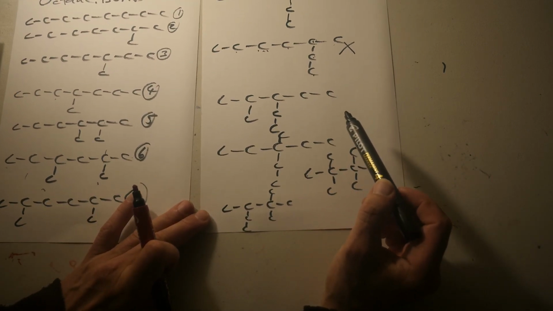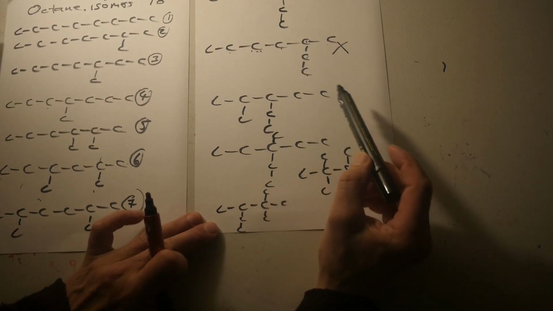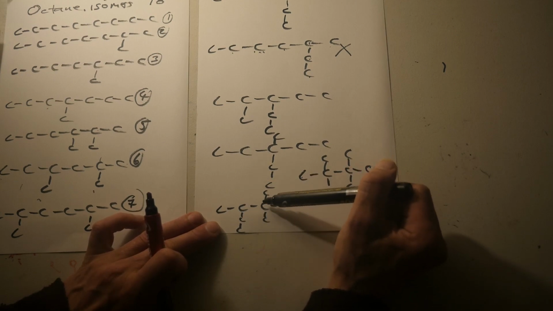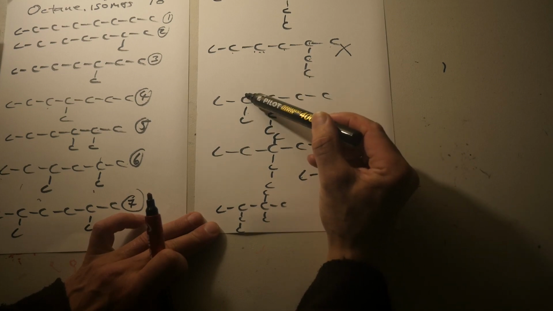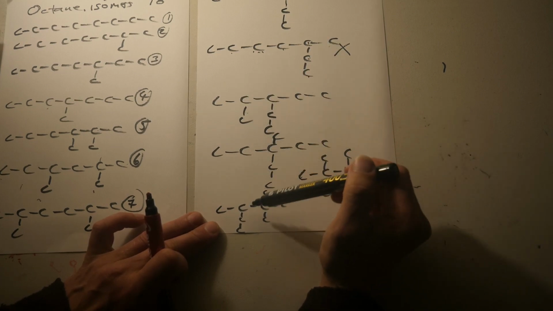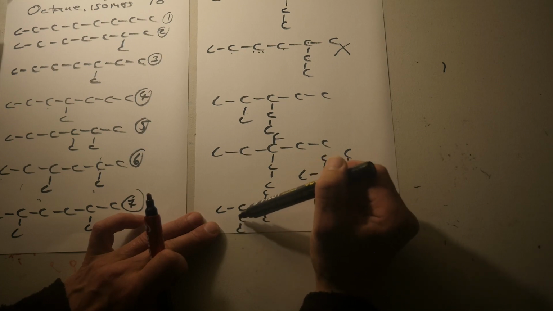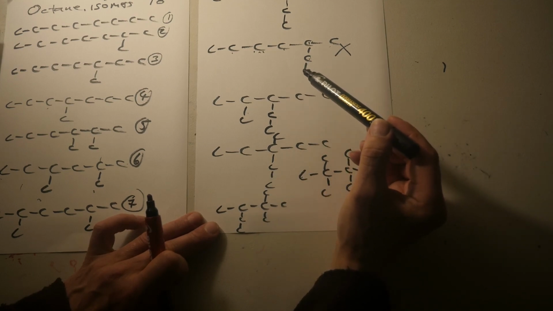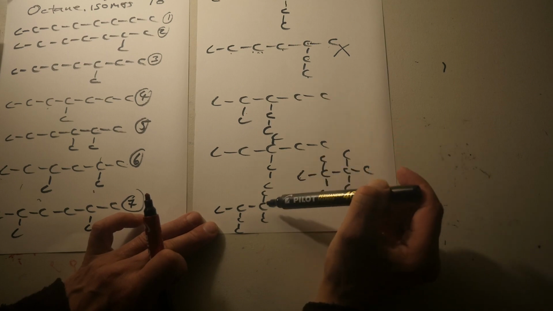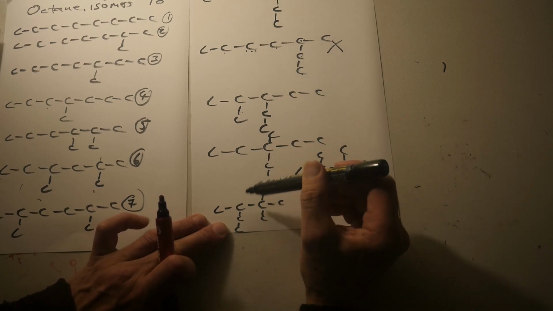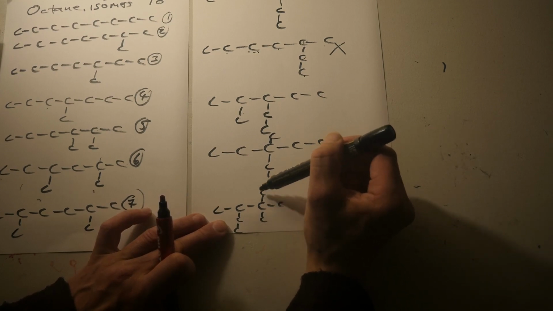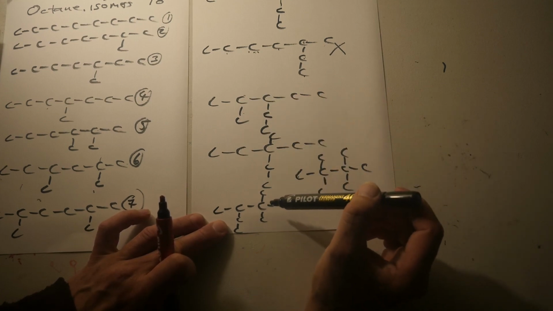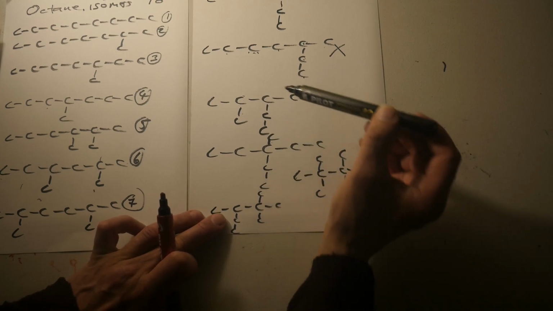You've got the single carbon coming off each side of the second one, which is not the same as that one, or that one, and a single one coming off the third one, which is not the same as that one.